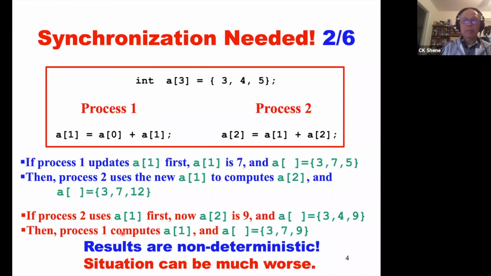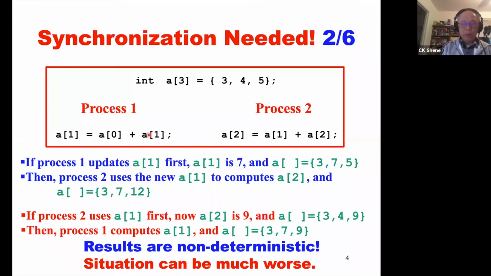Now look at the answers here. We have some problem. Suppose process 1 executes first. Process 1 picks up A0, which is 3, and A1, which is 4. So 3 plus 4 is 7. 7 will be saved to A1.